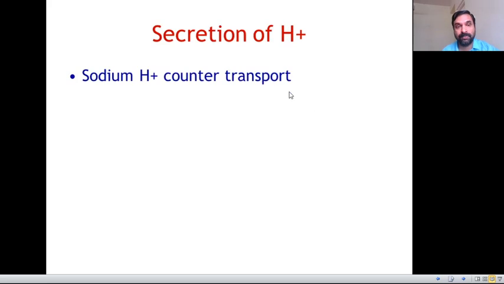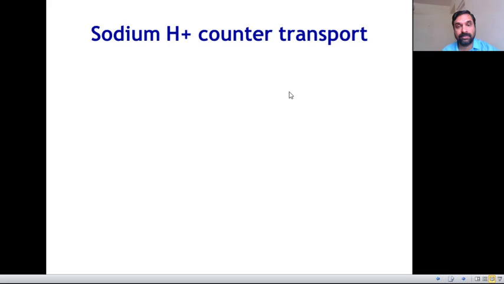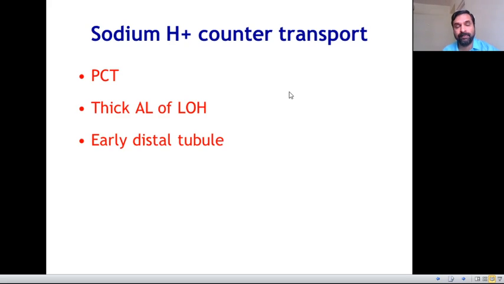The first mechanism is sodium-H+ counter transport, or sodium-H+ antiport. It is an example of secondary active transport and occurs in the PCT, thick ascending limb of the loop of Henle, and early distal tubule.